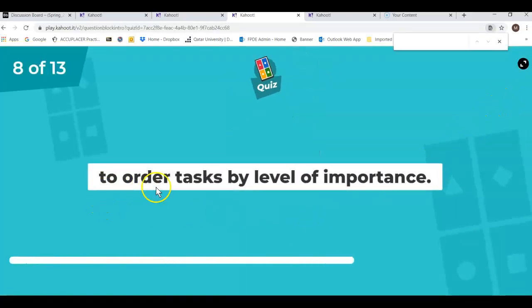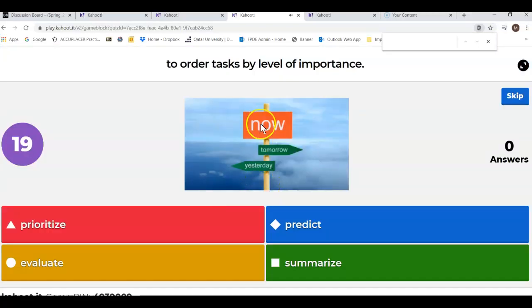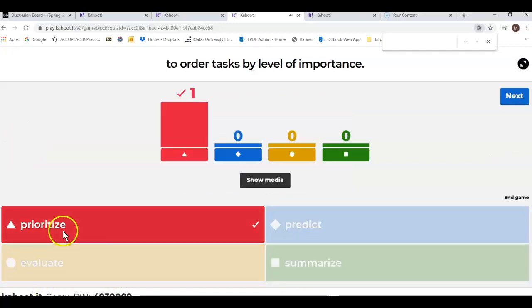Question 8. To order tasks by level of importance. Things you should do now, things you should do tomorrow, things you should have done yesterday. What do we call this skill? Is it prioritize, predict, evaluate, or summarize? The right answer is prioritize. The noun is priority.